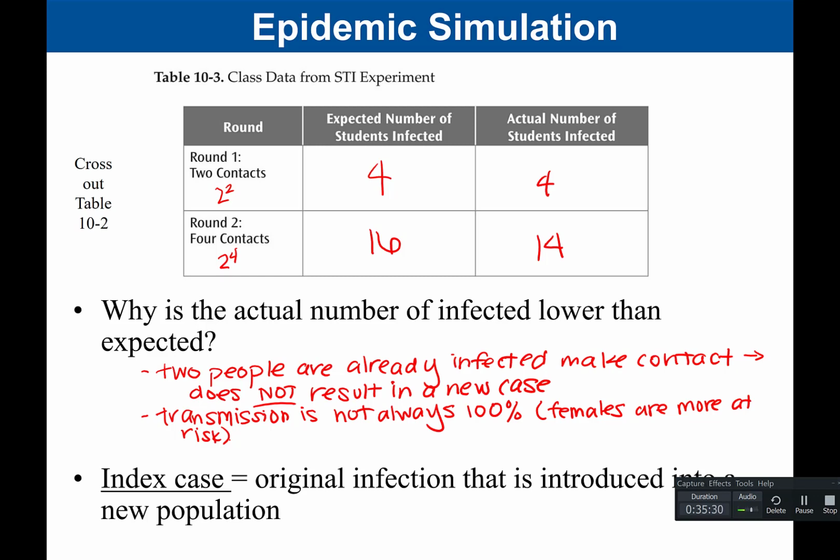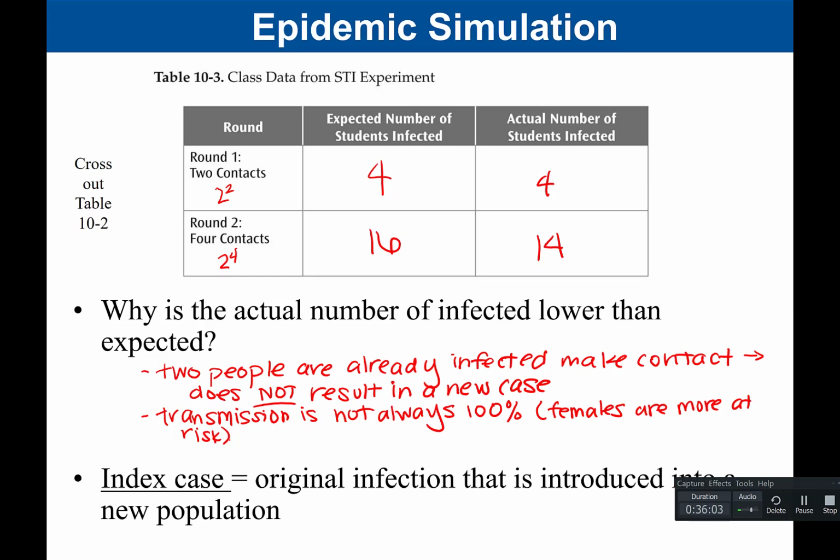This is also why females who are pregnant and have HIV, if they are taking their antiviral meds and their viral load is low, the risk of transmitting that from mother to fetus is actually very low. And so women who have HIV could have children who do not have HIV, because as long as they're taking those antivirals and their viral load is suppressed, that is going to help prevent transmission.